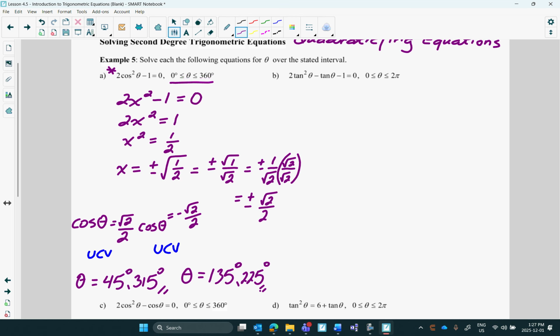Let's look at this one. Radians this time. I've got three terms. So instead of tan theta, I'm just going to write x for the time being. And then I'm going to replace tan theta back a little later on.